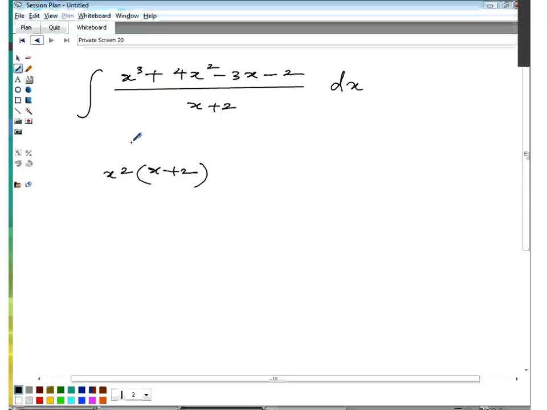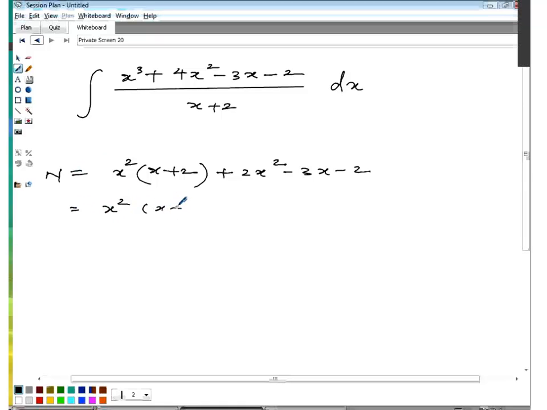To get x cube we must have x square, and that will get us 2x square, but we want 4x square. So we add 2x square minus 3x minus 2. This is the numerator.